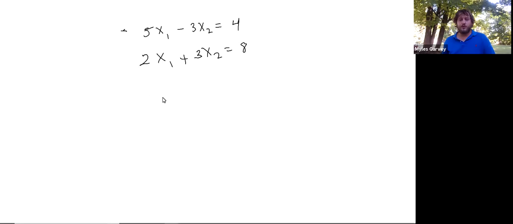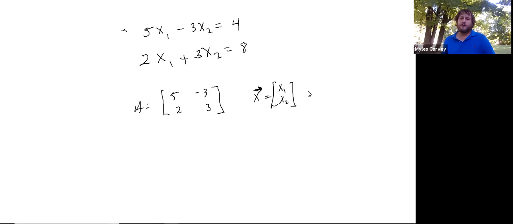What I can do is say, let A be the matrix 5, minus 3, 2, and 3. Let X with an arrow. Sometimes vectors are also bold lowercase letters, but some textbooks will put an arrow over them to be very clear. Let X arrow represent x1, x2, and let B with an arrow represent 4 and 8.